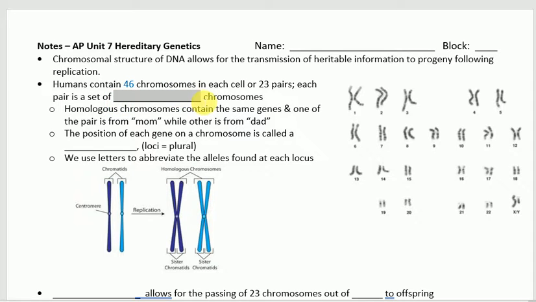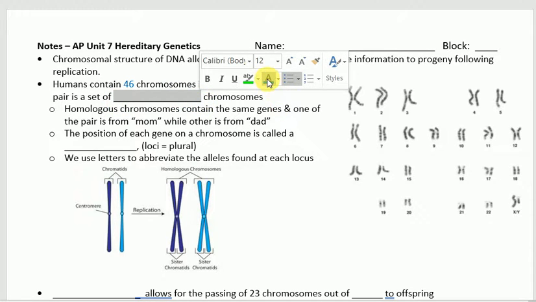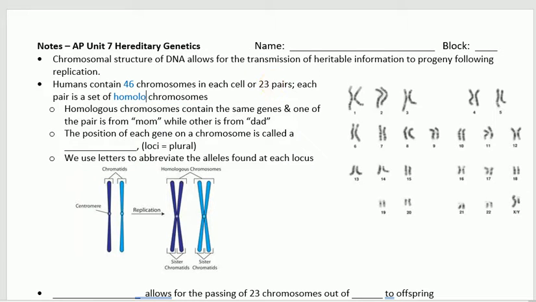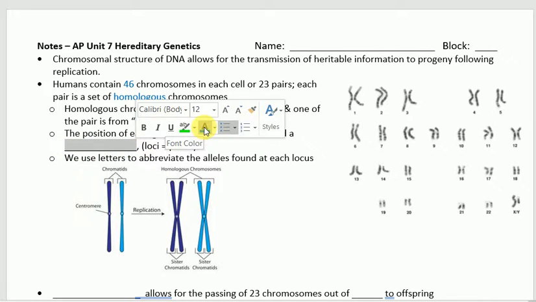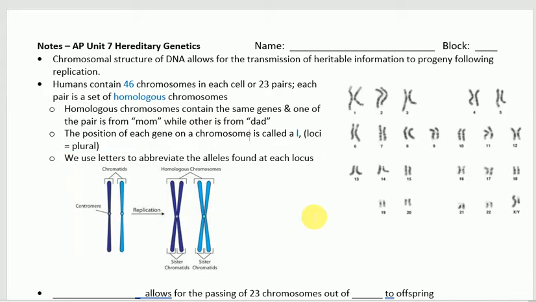Each of these pairs is a set of homologous chromosomes. Basically what homologous means is that they have the same gene. One of the genes is from mom and one is from dad. And the position of each of those genes on that chromosome is referred to as a locus.